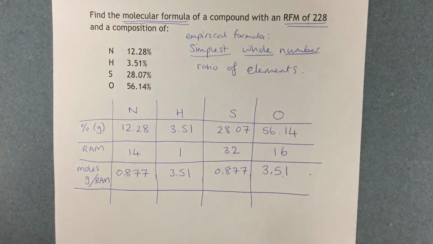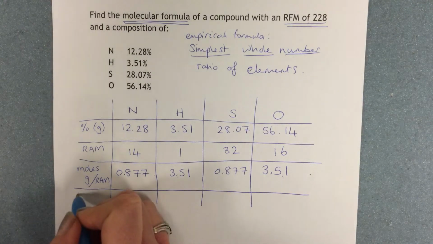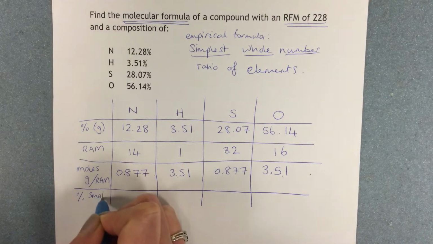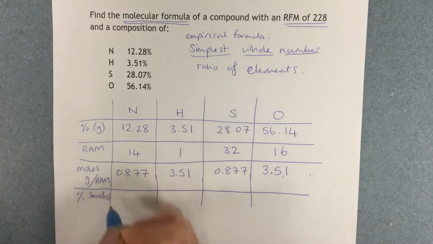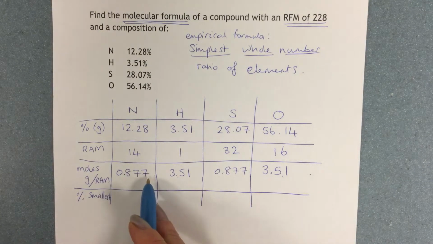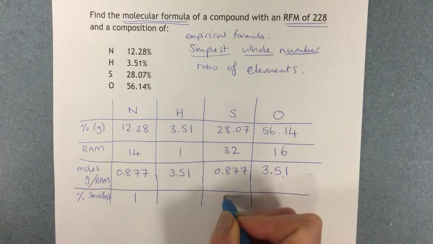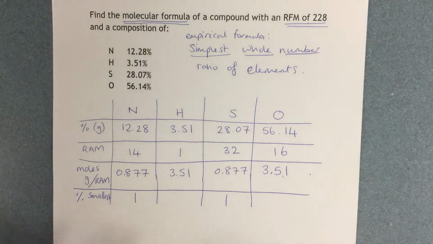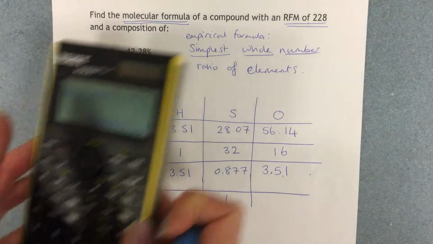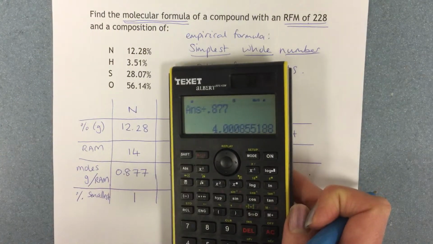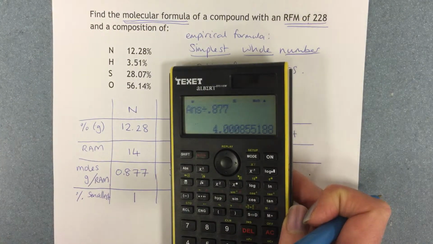I've got 0.877 and 3.51. So I divide by the smallest number. The smallest number of moles is 0.877. If I divide that by itself, I get 1. If I divide that by itself, I get 1. If I take my 3.51 divided by 0.877, then I get a number which is essentially 4 to the number of decimal places I'm going.